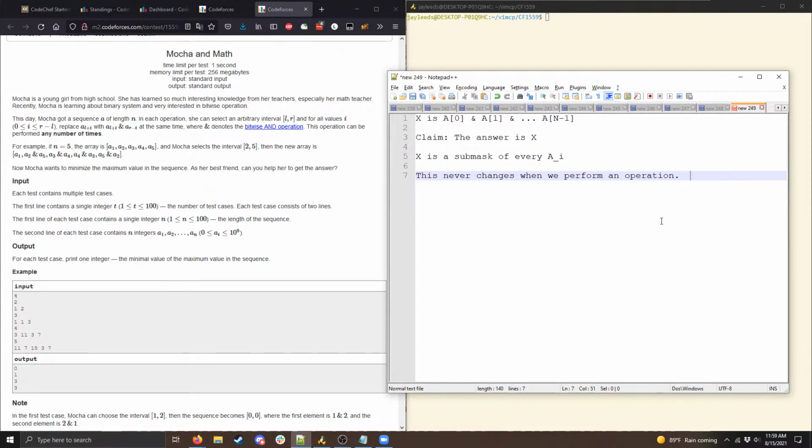The formal term for this sort of situation is called an invariant. The invariant here is that no matter what we do, x is always going to be a submask of all of the a sub I, and the reason is that if x is a submask of 2 numbers, then it's still going to be a submask of their bitwise AND.